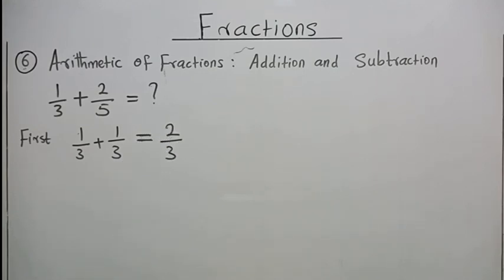Just imagine that. Something broken into 3. You pick one, pick another one from the same 3 portions, and somebody is asking you, how many portions out of 3 have you picked? The answer is that you have picked 2 out of 3. This is how 1/3 plus 1/3 became 2/3. That is easy enough. You agree with me?